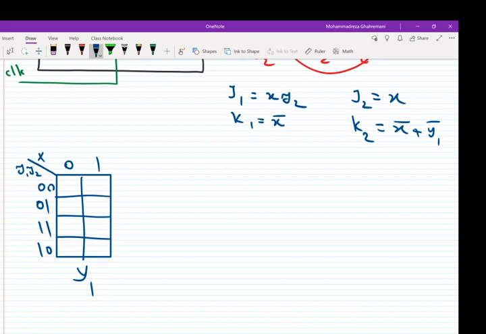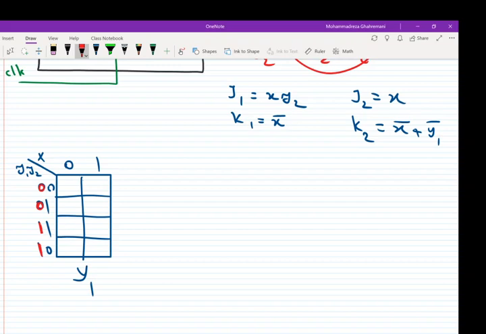Okay, so let's start by completing this table. But because this is for y1, flip-flop 1, let me change the color of the present states of y1. So these are y1.